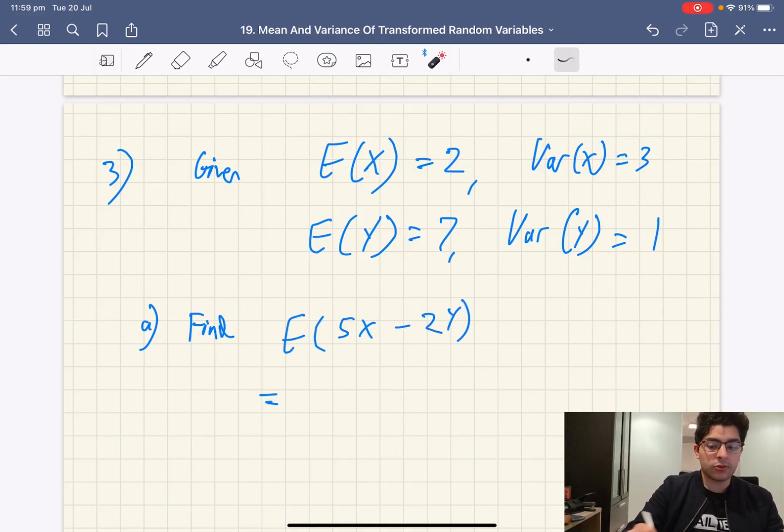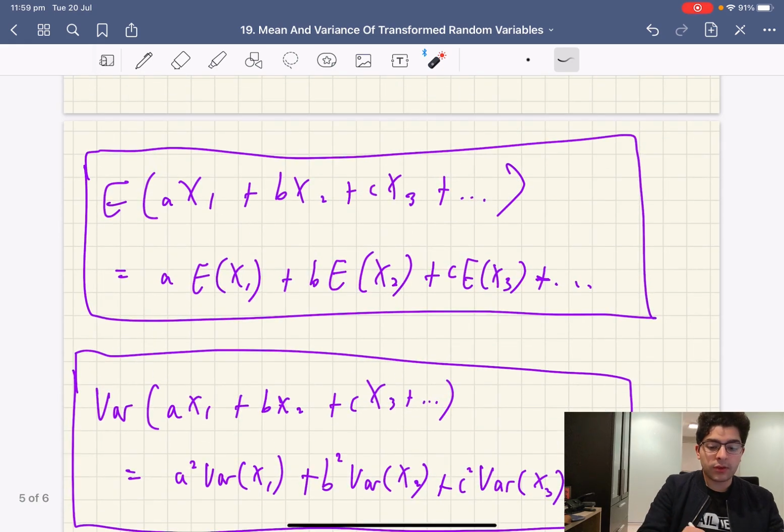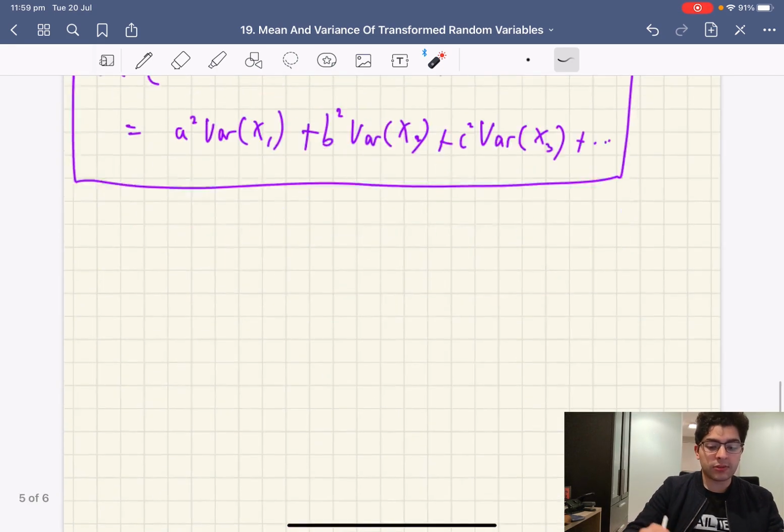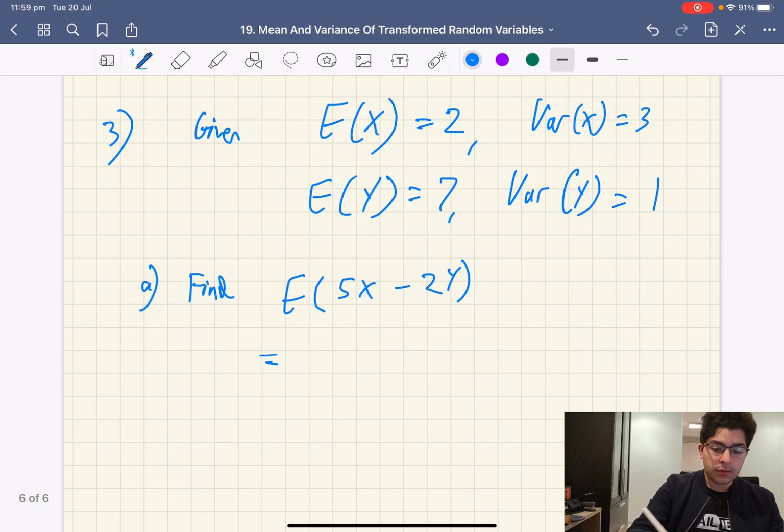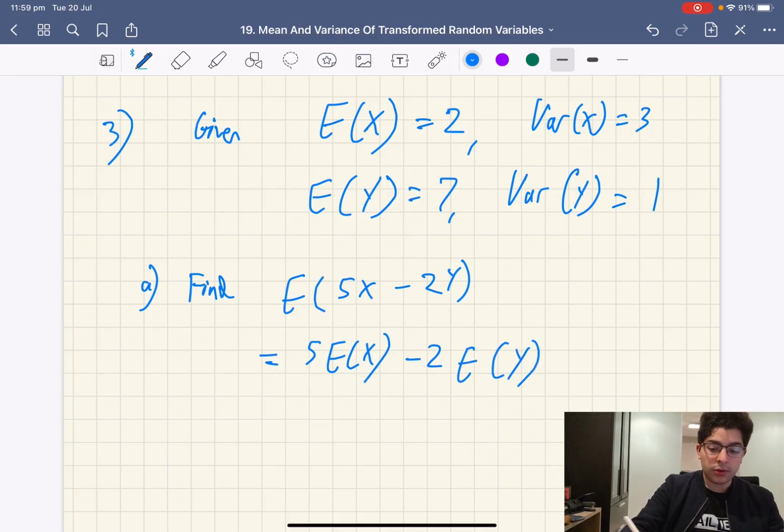That's the same thing as, using the formula, we can move the coefficients around. So that's 5 E of X minus 2 E of Y. And we know E of X is 2, and E of Y is 7. So 5 times 2 minus 2 times 7. That's going to be 10 minus 14, which is minus 4.